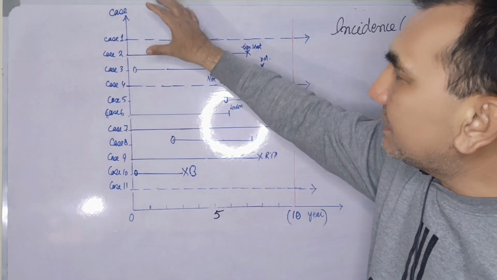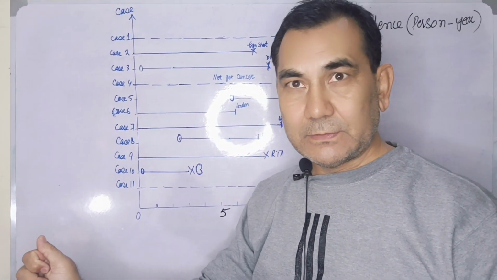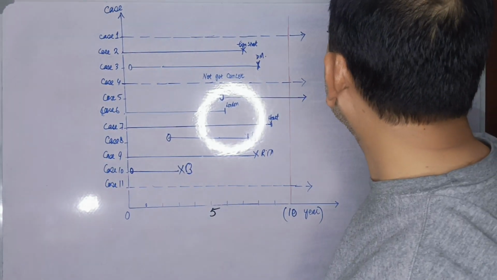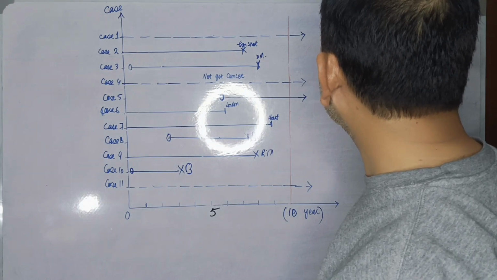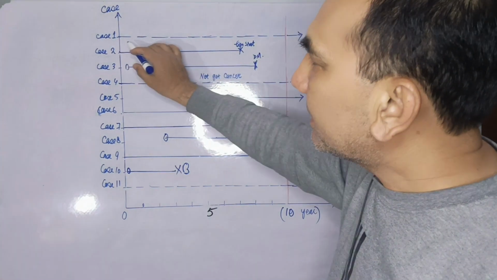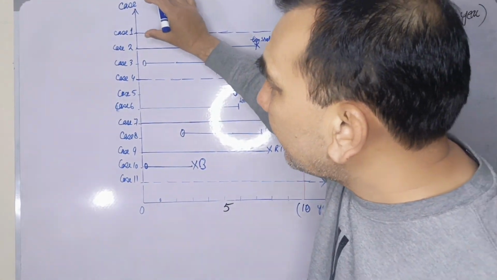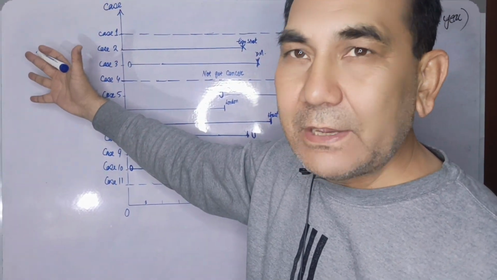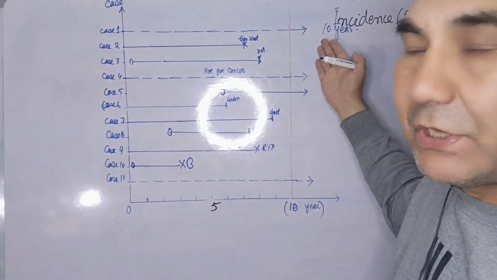This first case remained at risk for the 10 years due to the exposure. Okay, so this is the first case. The person-years for this first case, which remains exposed and remains at high risk, is 10 years.